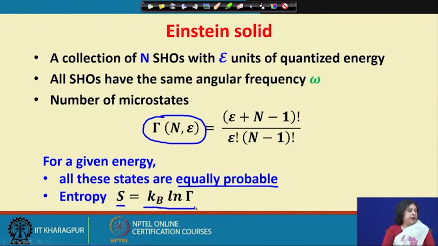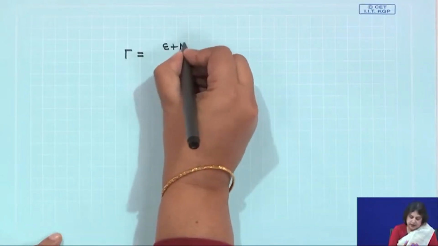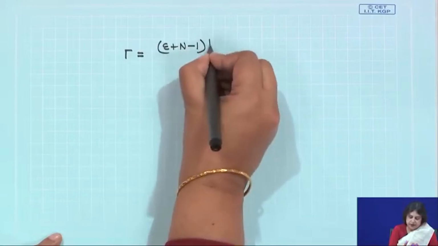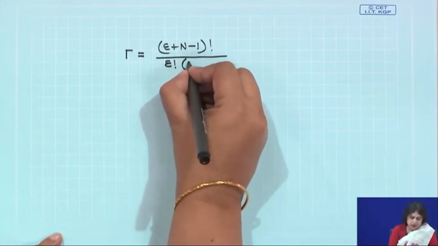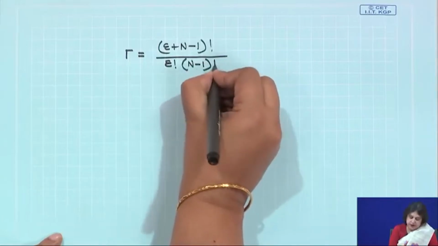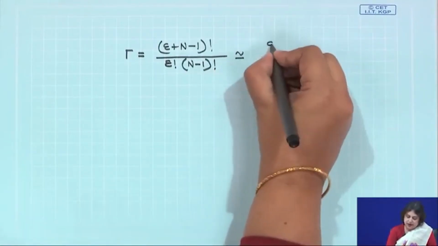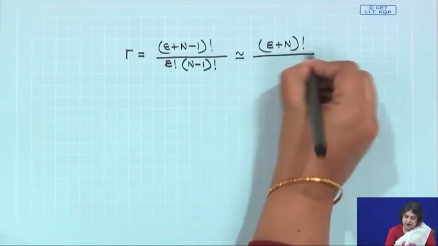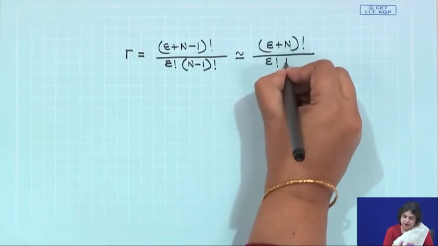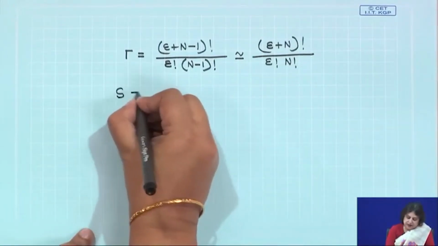And therefore, I would say that if gamma is equal to (epsilon plus n minus 1) factorial divided by epsilon factorial times (n minus 1) factorial, for large values of epsilon and n, this is approximately equal to (epsilon plus n) factorial divided by epsilon factorial and n factorial. Then what is the entropy of the system?